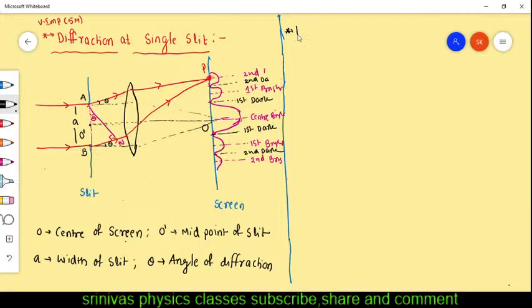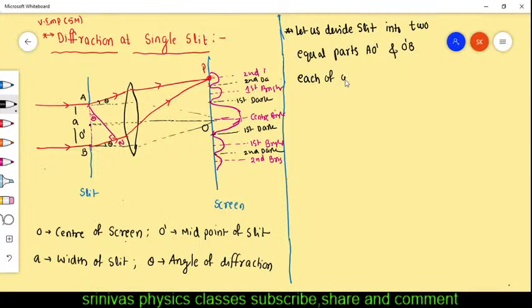Next, what do we have to do? Let us divide the slit into two equal halves, two equal parts, A O dash and O dash B, each of width a by 2.